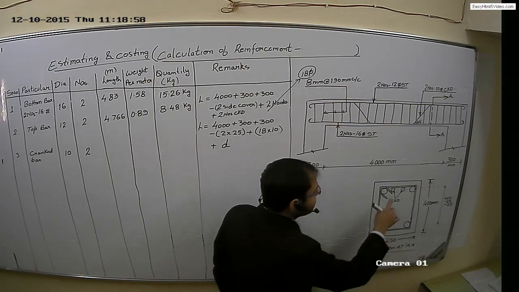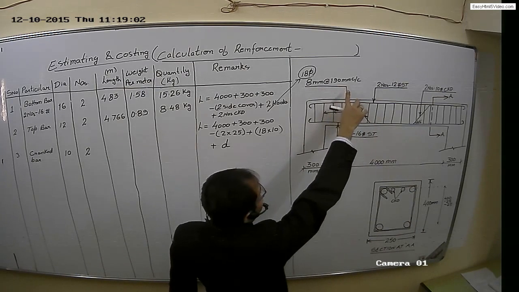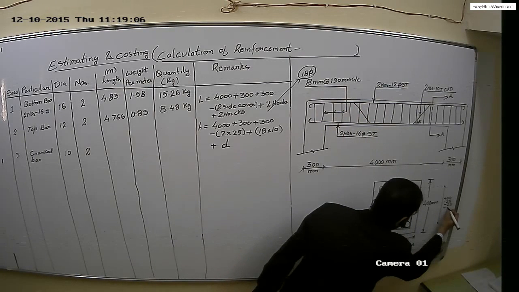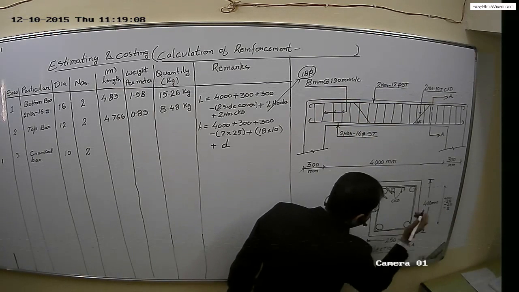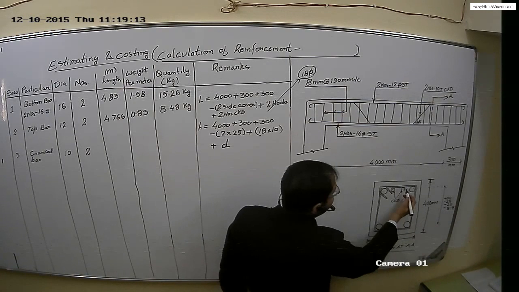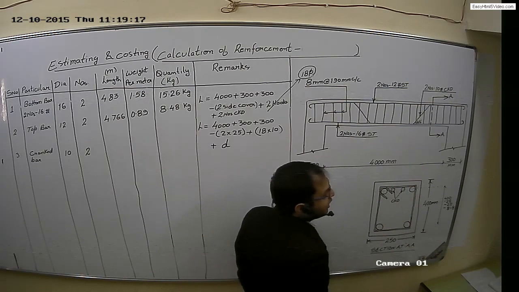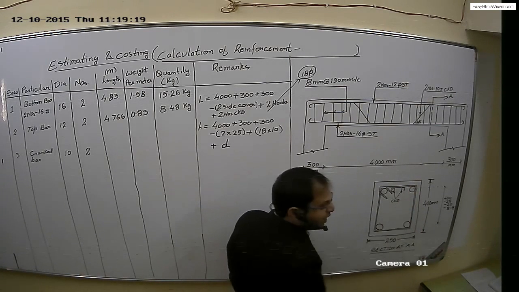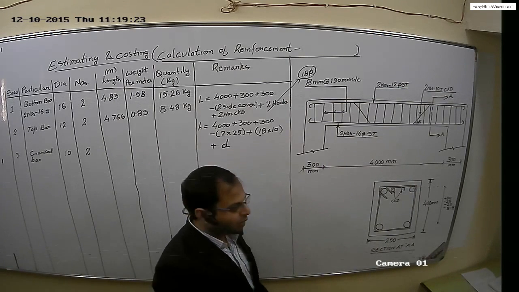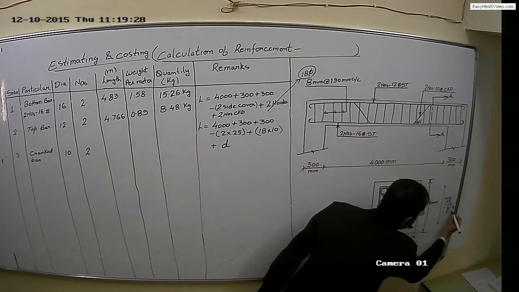Then there is a ring of 8 mm. Just see, 8 mm dia at 190 mm center to center. Then you have to subtract 8 mm for top ring and 8 mm for bottom ring. Okay? Now you have to subtract half the dia of the cranked bar, which is 10 mm. So we will deduct 5 mm for top and 5 mm for bottom, minus 5 minus 5.